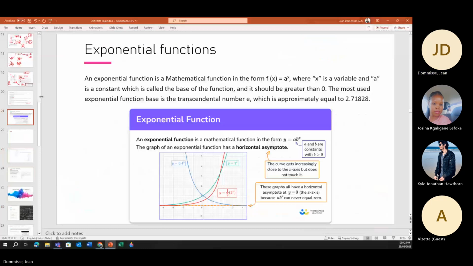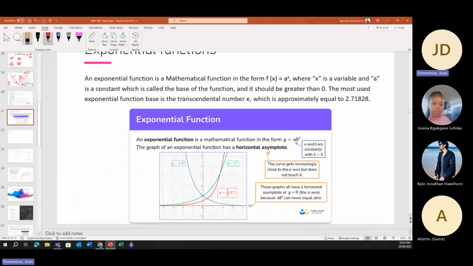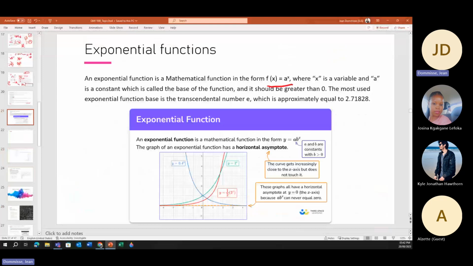So again, when you are doing this, your exponential function can be 2 to the power of x. Depending on what you now need to do with it, that is most likely how it will be.